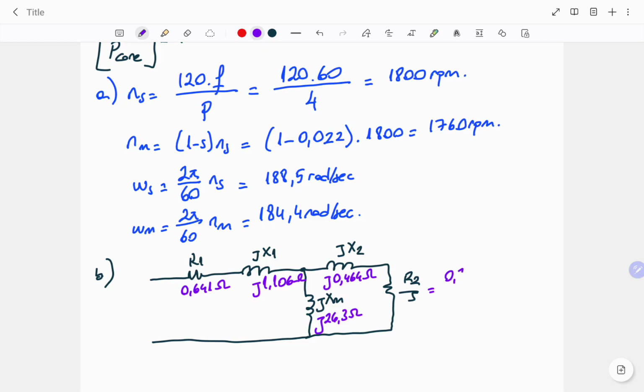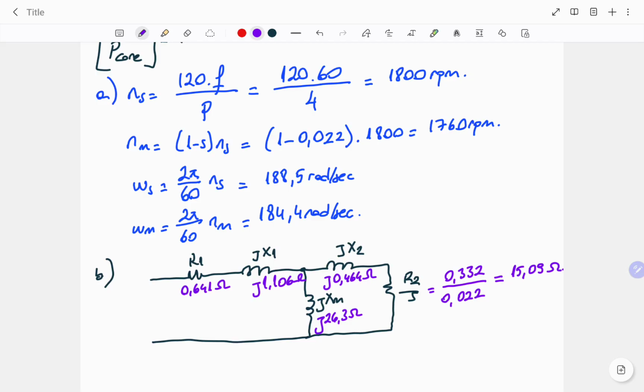So R2 is 0.332 ohms. We must divide it by the slip. So from here, it will be 15.09 ohms.